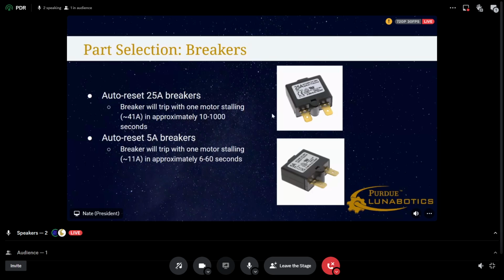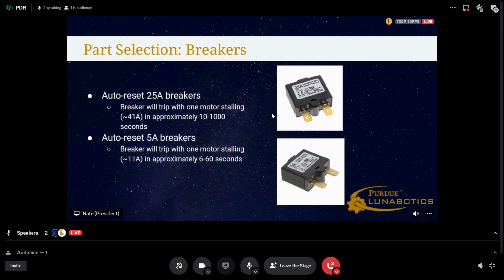With one motor stalling, the stall we calculated was like 8.6 amps for a drive motor. Add the 2.2-ish, and it's about 11. So the 5 amp breaker at 11 amps, around 200% rated, should trip in like 6 seconds to a minute, probably closer to 6 seconds.